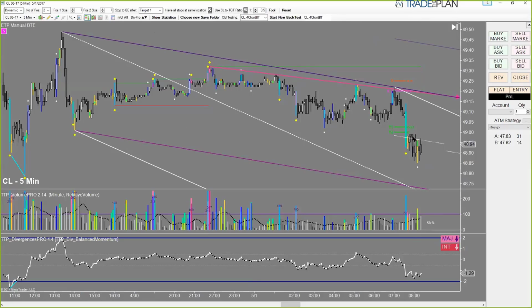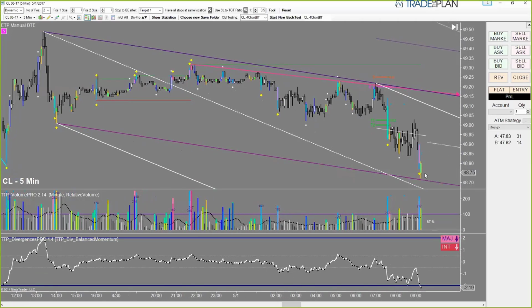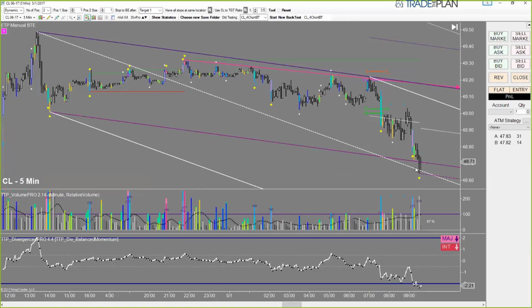So this would be actually where I would be expecting it to make it to. But for the sake of running a simple back test, not trying to knock it out of the park every single trade, just trying to bank some profit, make enough for the risk to be worth it, and just see what the results are going to be. But this is where I would be expecting to make it down to, and there you go.